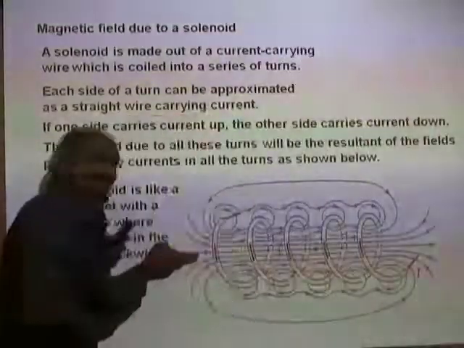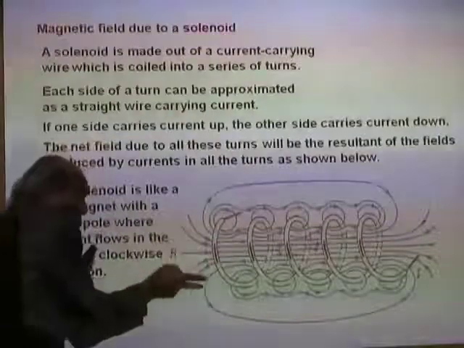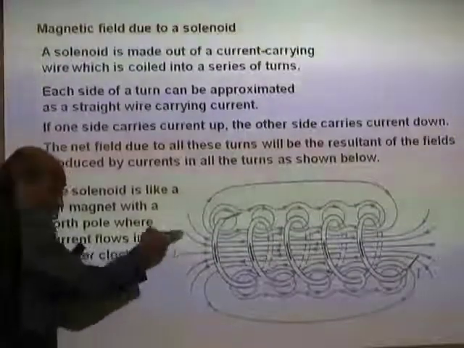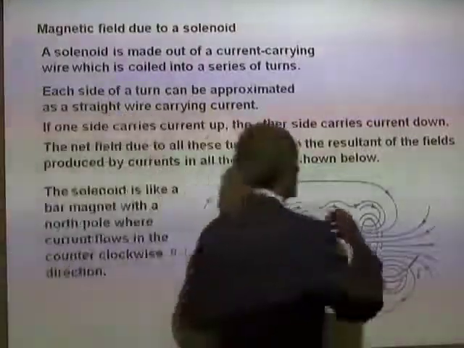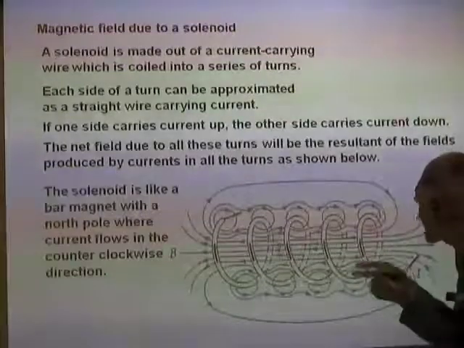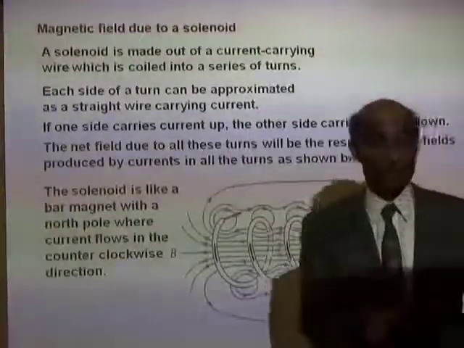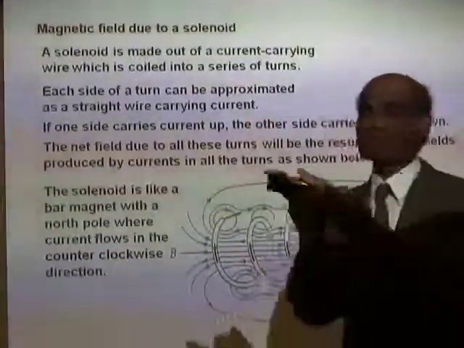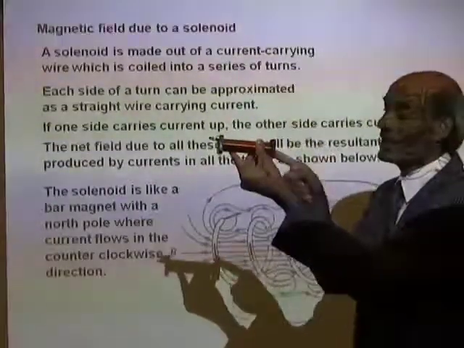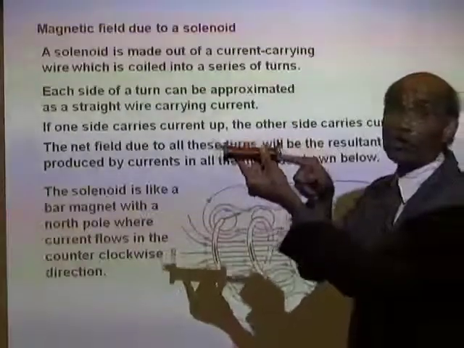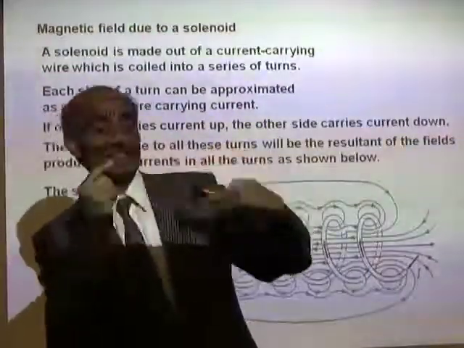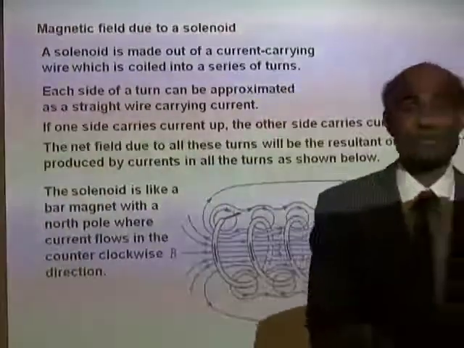If I stand here and trace the direction, look at that, the direction of the current is counterclockwise and that end is a north pole. If I stand here, the current will be clockwise when I look. So when you look from one side and trace the current, if the current flows counterclockwise, that end will be a north pole, and if the current flows clockwise, that end will be a south pole.